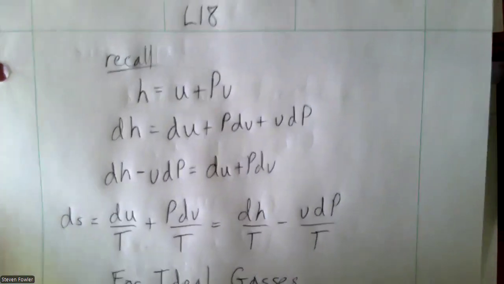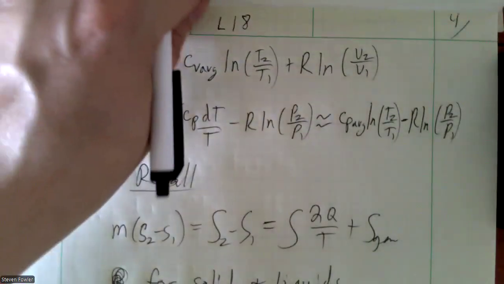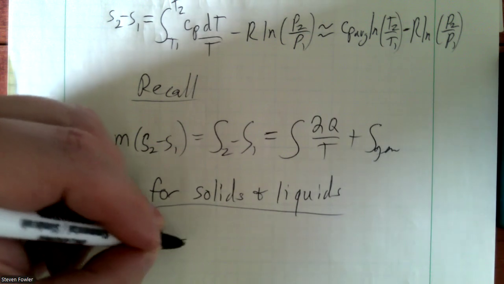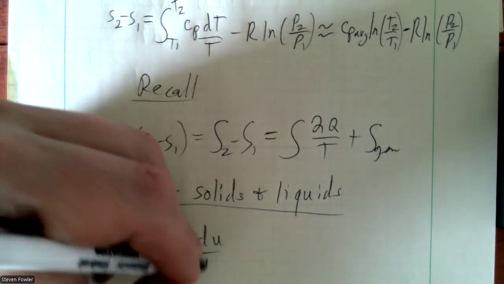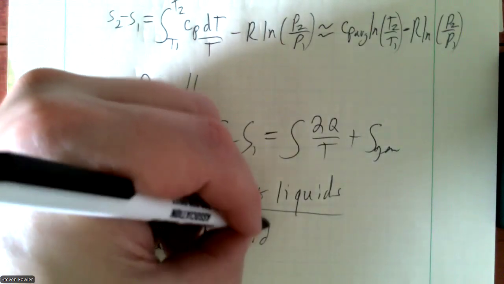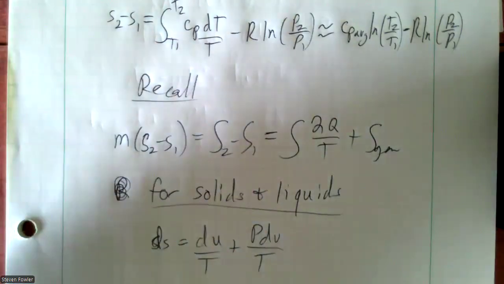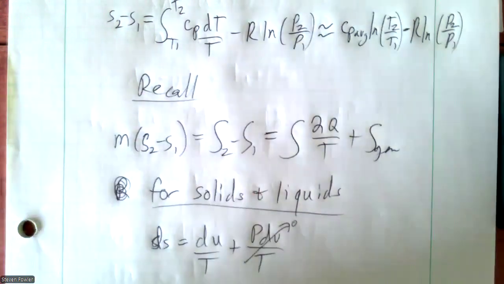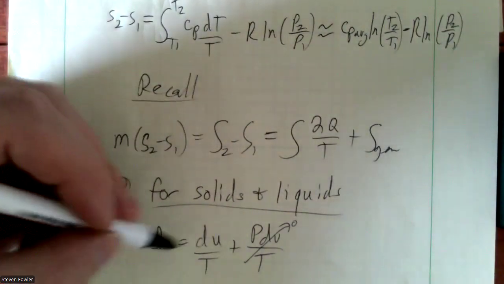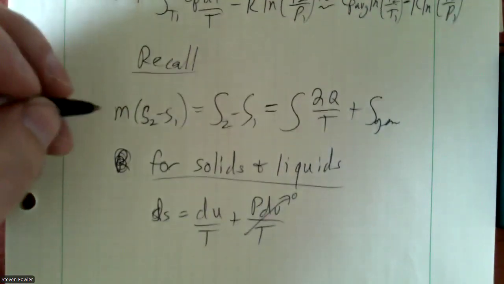They essentially don't. So for solids and liquids, ds is equal to du over T plus p dv over T. And essentially dv is zero. The change in volume for solids and liquids is almost negligible. The temperature is really what drives this change.